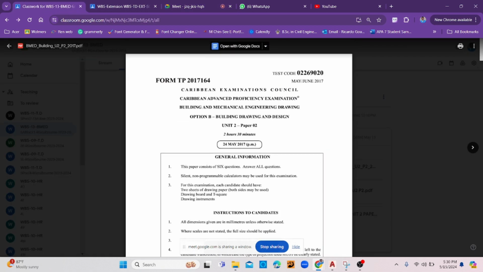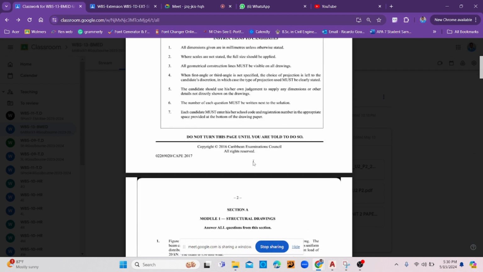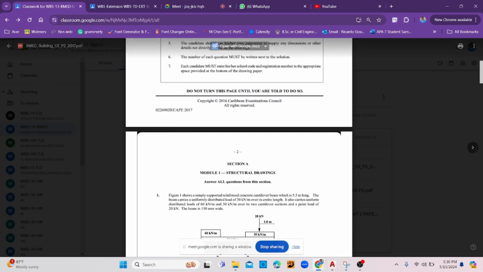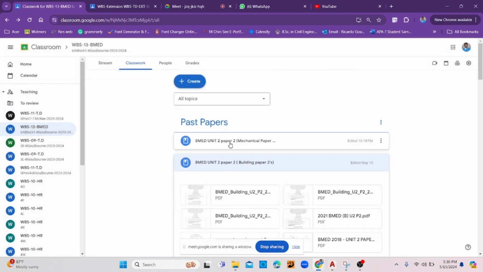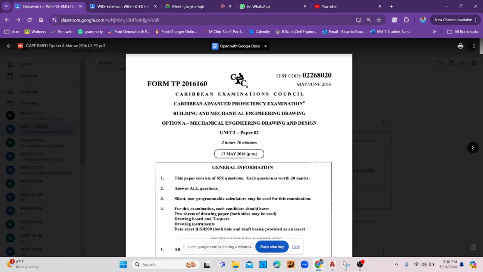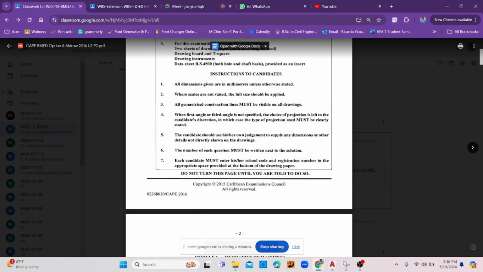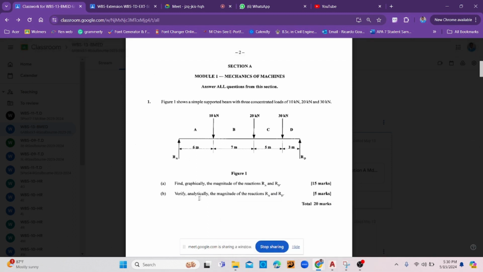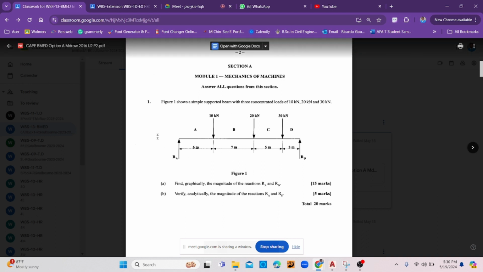It's a BMED past paper taken from 2016, and this was the first question on the mechanical drawing paper, if that makes sense.